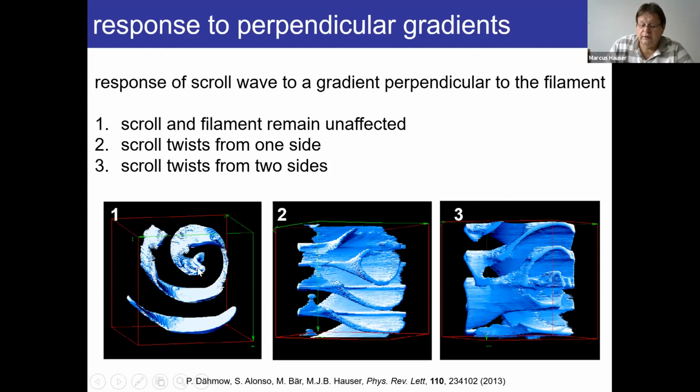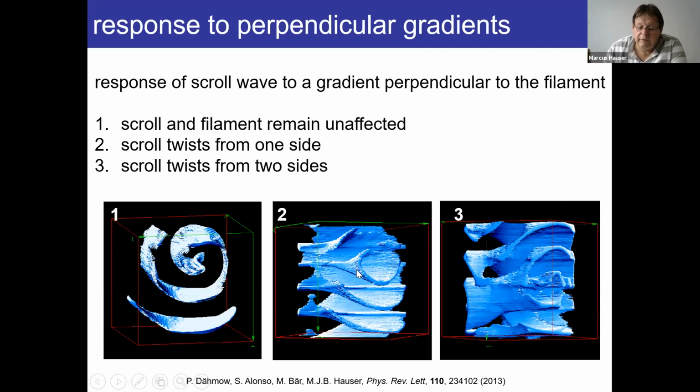And what you see in this experiment is that we can have three kinds of answers. Well, if we run this whole thing in a condition where the filament is really well attached to the wall at a 90-degree angle, we will have filaments which will remain unaffected for the duration of the experiments.